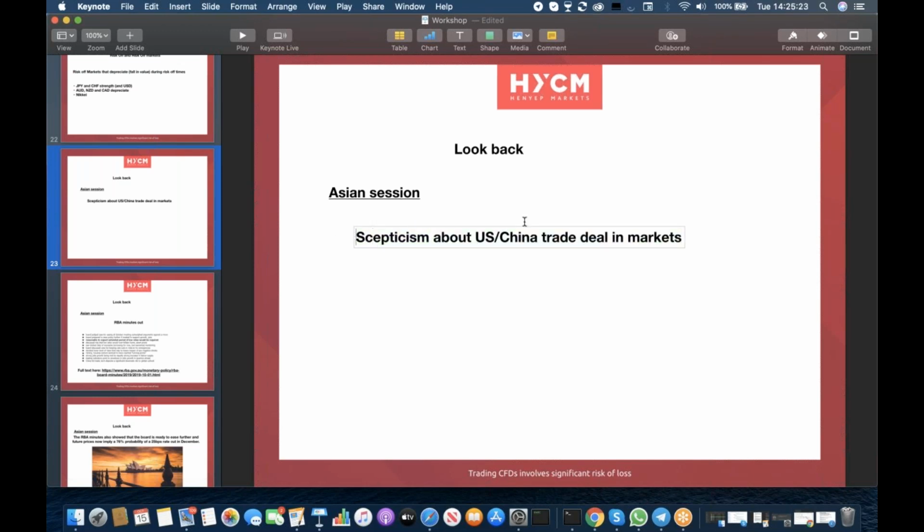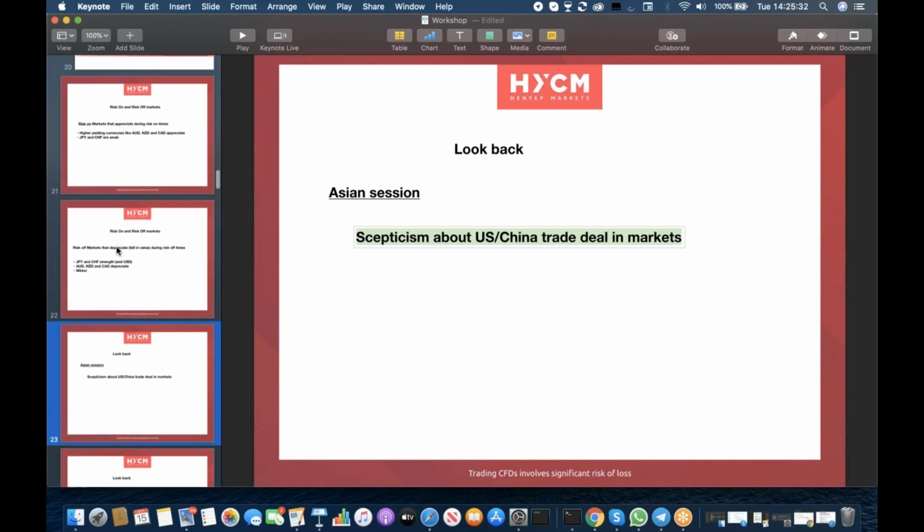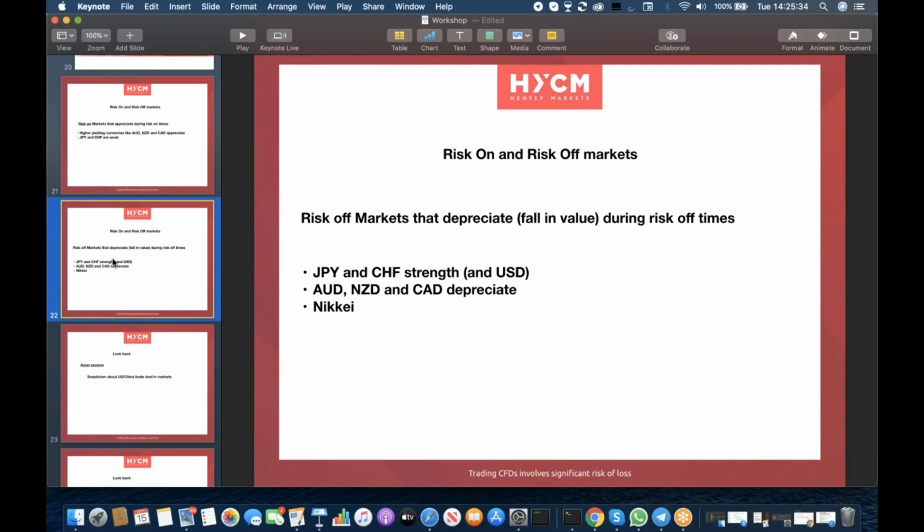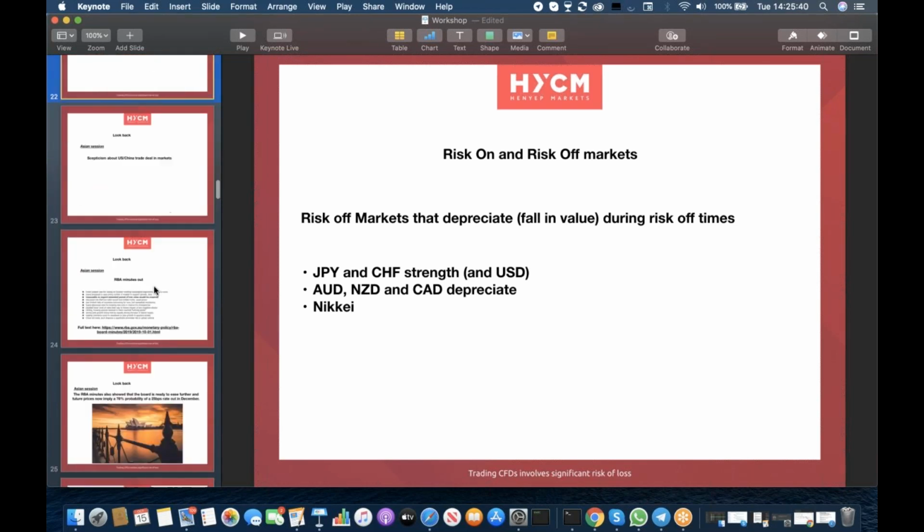So this mood was still in the market. That means if there are concerns, then I'm potentially looking at yen and Swiss franc strength, and Australian dollar, New Zealand dollar, Canadian dollar weakness.